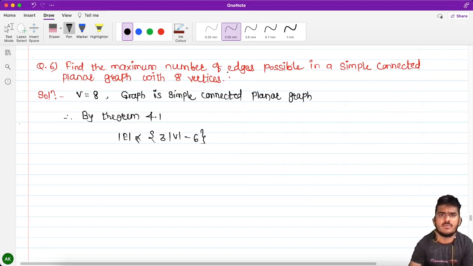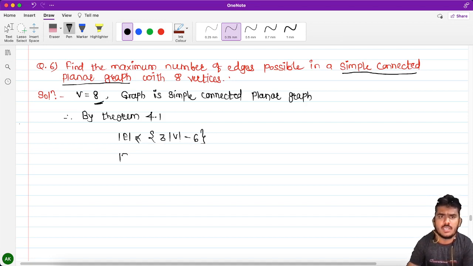Find the maximum number of edges possible in a simple connected planar graph with 8 vertices. ओके, तो यहाँ पे क्लियरली लिखा है कि सिंपल कनेक्टेड प्लेनर ग्राफ, और सिंपल कनेक्टेड प्लेनर ग्राफ में हमने देखा कि कुछ थ्योरम्स हैं जिसके लिए अलग फॉर्मूलेज यूज होते हैं. Here 8 vertices are there. So by using theorem 4.1, which we have already seen in the properties, the number of edges in a simple connected planar graph is less than or equal to 3 times the number of vertices minus 6.